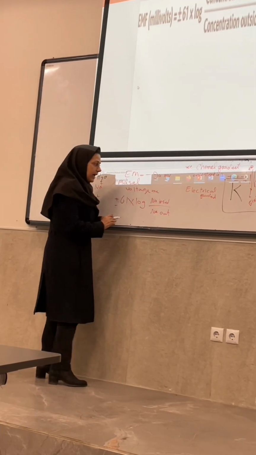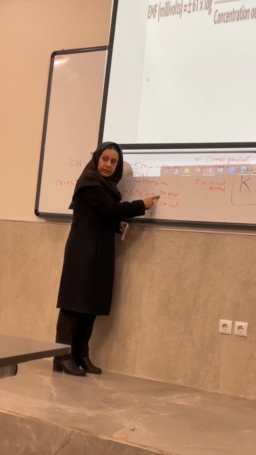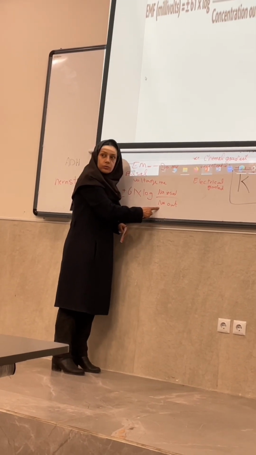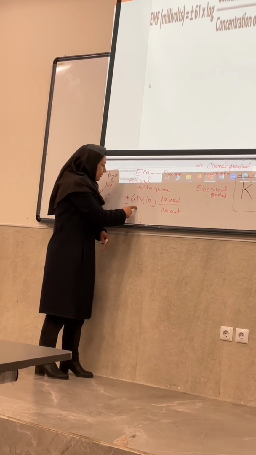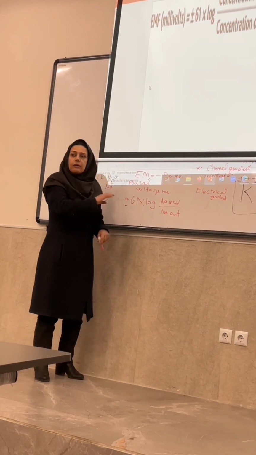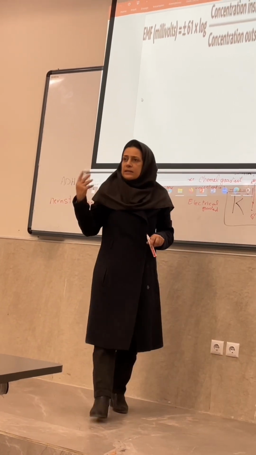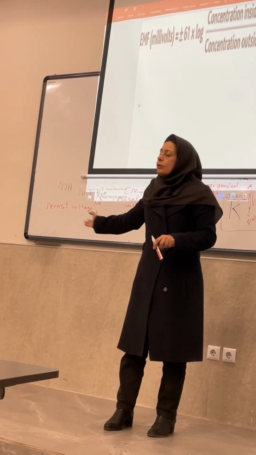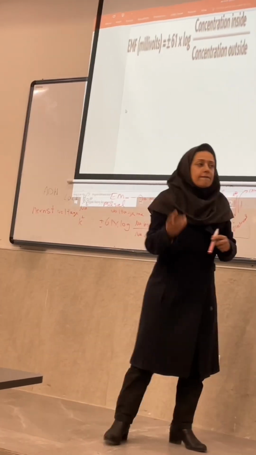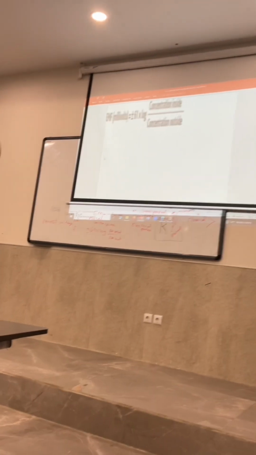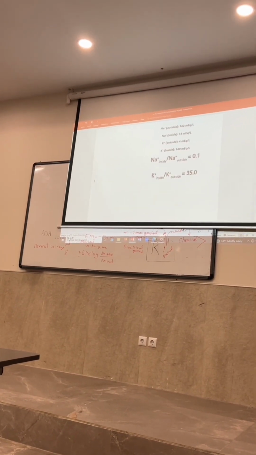We take the log, and then multiply by that constant. This is just the formula; you must understand it, but we never ask you to calculate the logarithm like that. We have a simpler equation for the different ions.